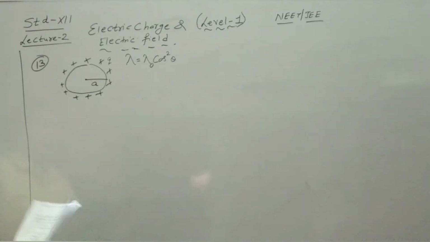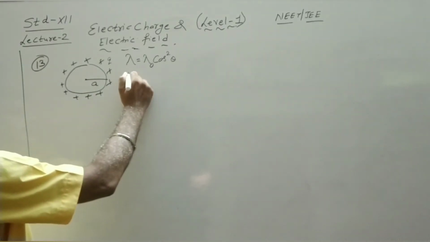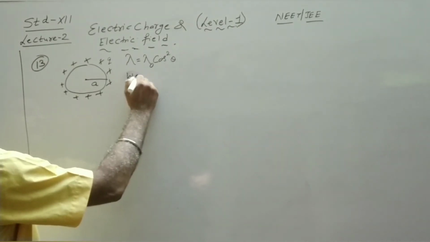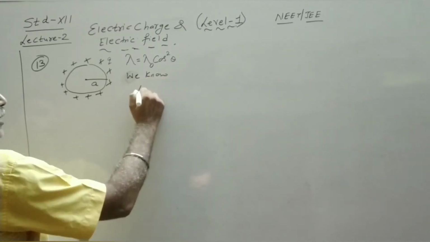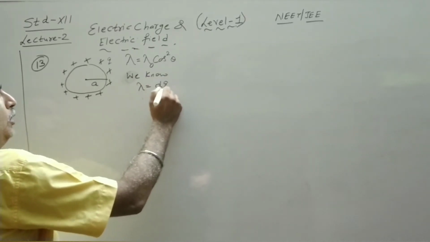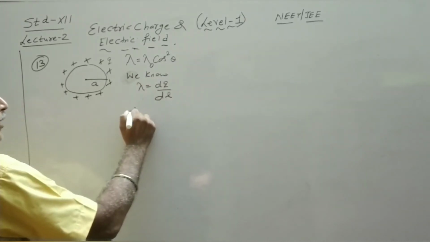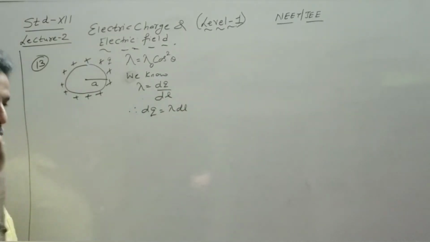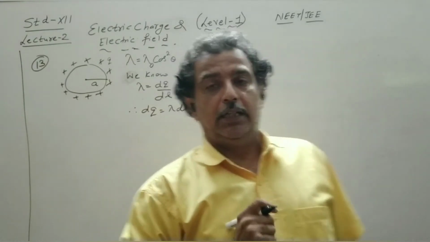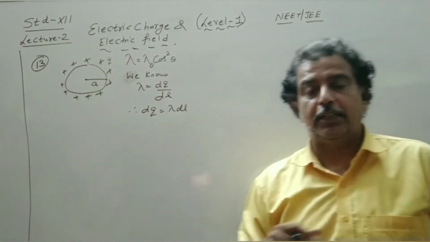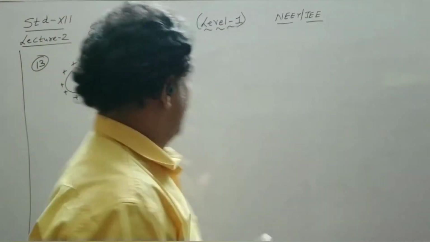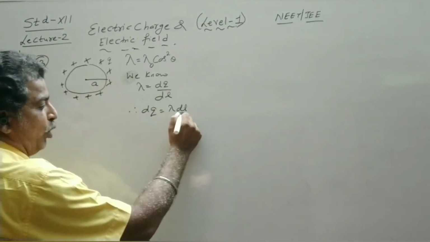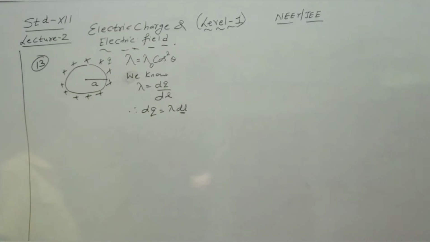So, for a non-uniform linear charge density, we know that lambda is equal to dq by dl, and therefore dq is equal to lambda dl. We have to make a small element to find the electric field intensity or the force on a charge. So here dq is the amount of charge deposited on a small line element dl.